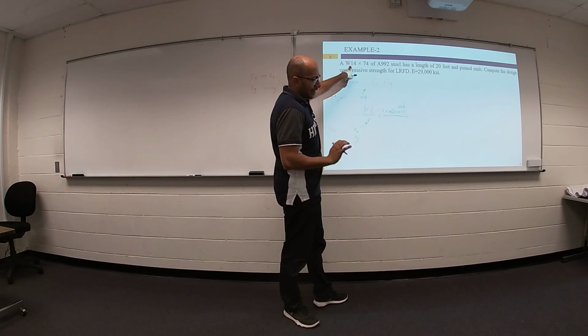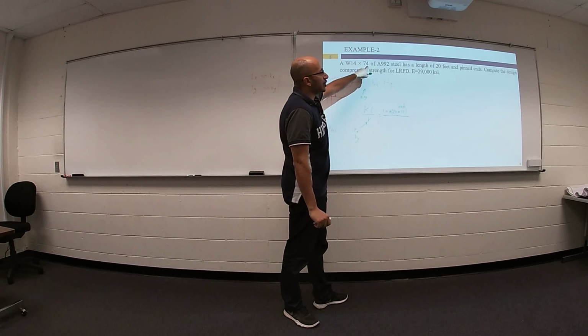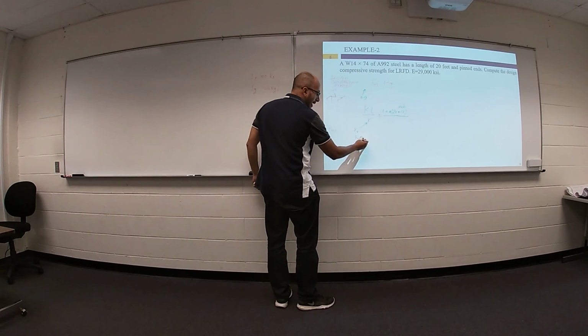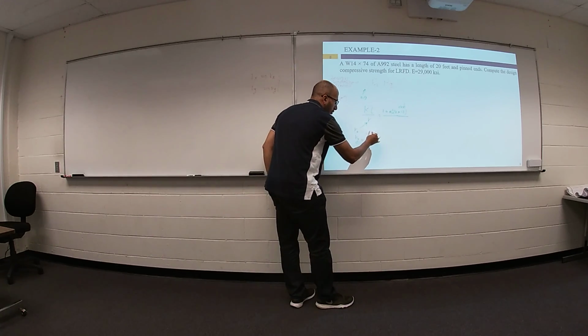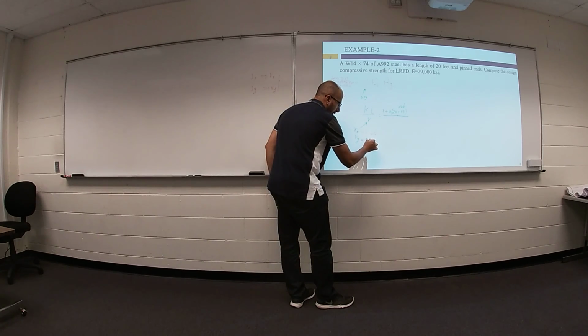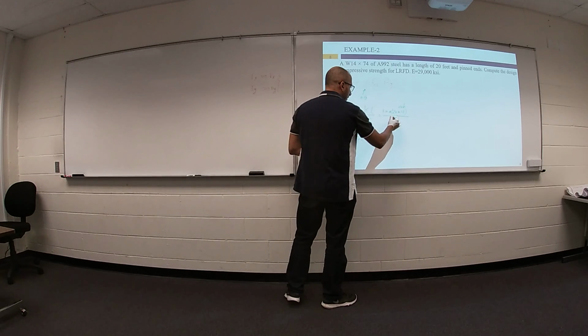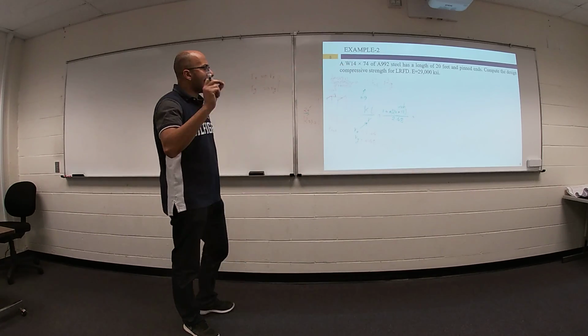Which cross section exactly? W14 times 74. Tell me the value of small rx and small ry. Small rx is 6.04. Small ry is 2.48. So which one will I use? 2.48. What is the final value of KL over R?